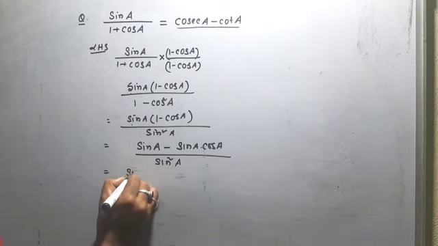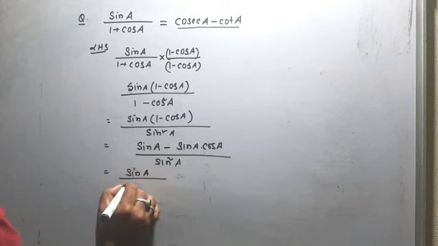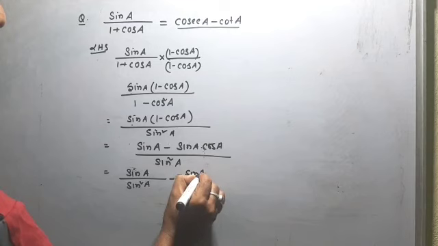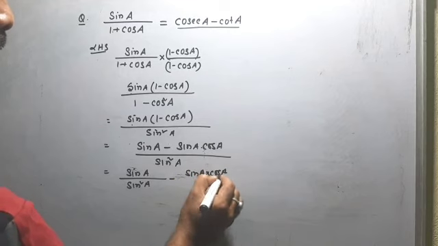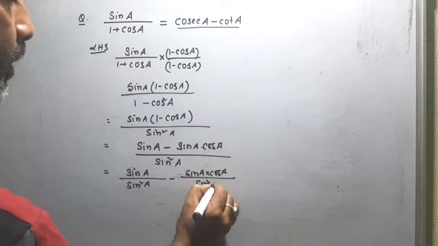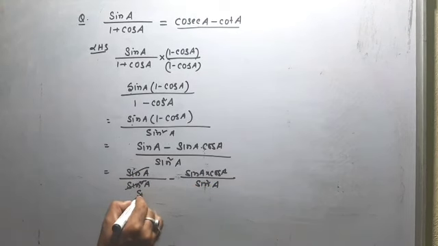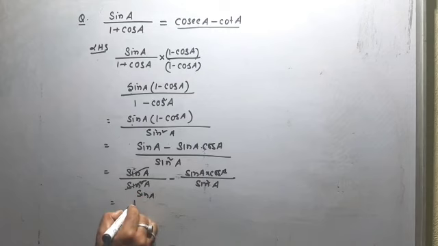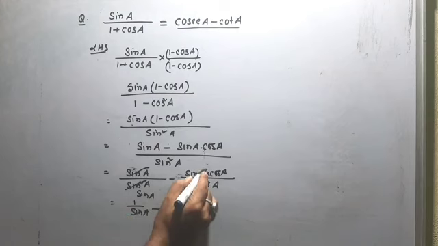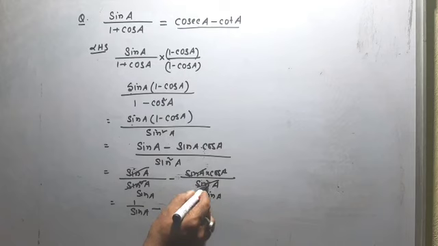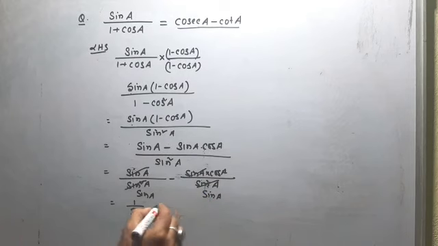Now you have sin a by sin square a minus sin a into cos a by sin square a. Here sin a and sin square a cancel, so you have only 1 by sin a, minus here sin a cancels, so one sin a is remaining there, so that is cos a by sin a.